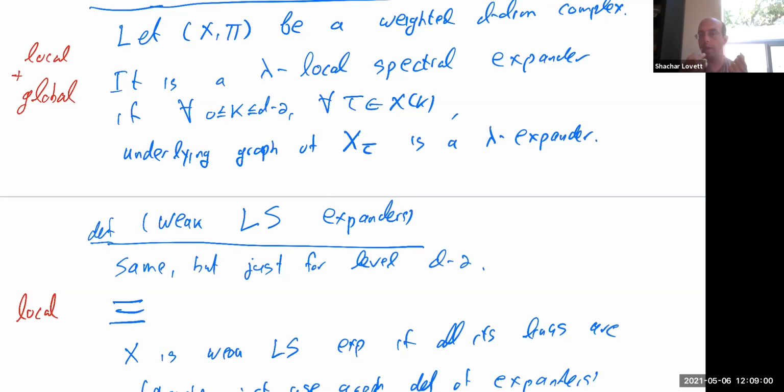But locally, if you just look at links, you either go to one or the other, but you never know in which one you're lying. But the first theorem we're going to see says that modulo this problem of not being connected, that's the only obstacle. So a complex that satisfies this local notion of high-dimensional expansion, only about the top faces, and in addition is connected, has to be a local spectral expander in the stronger sense.